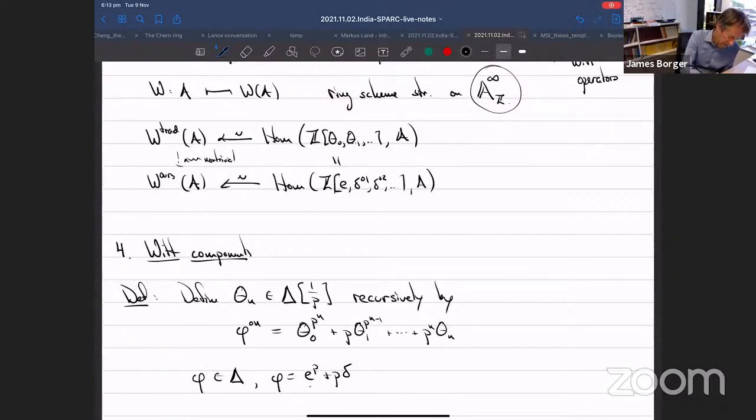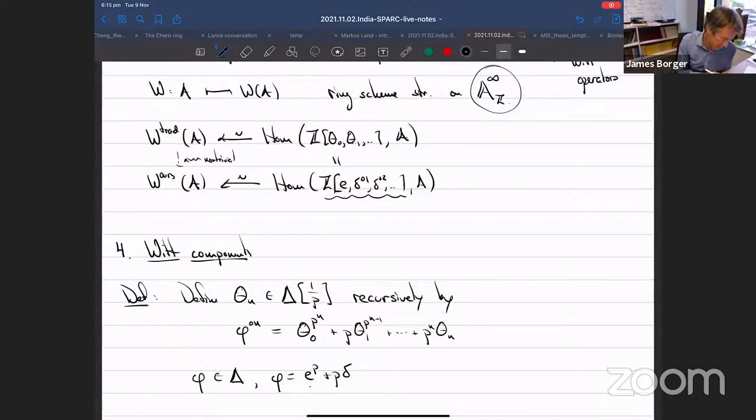It's a polynomial, and it's obviously an element of that. It's a degree p polynomial in the first two variables, if you like. And because you can compose any two of these arithmetic differential operators, you can compose phi with itself n times.